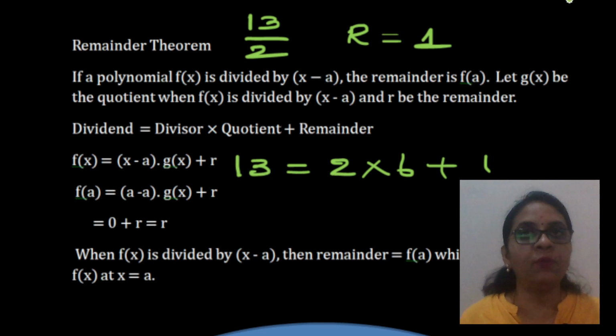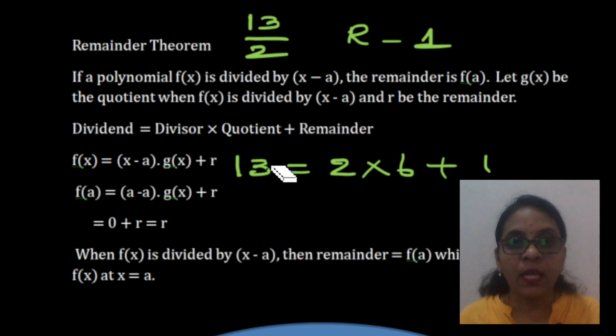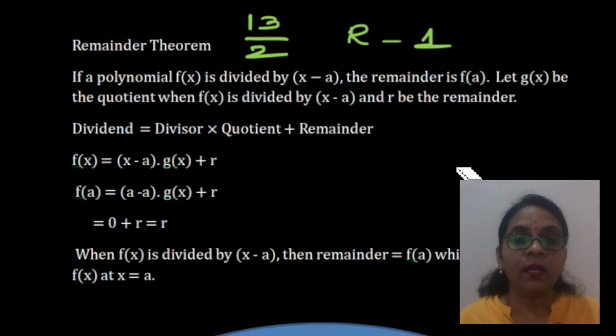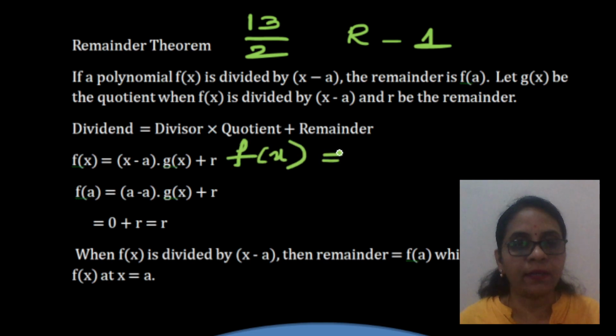So if I have to write in simple terms, again children, only put this as your focus, okay, that your polynomial is f of x, x minus a is your divisor. So this f of x, can I write it as, this is f of x is what? It's your dividend.